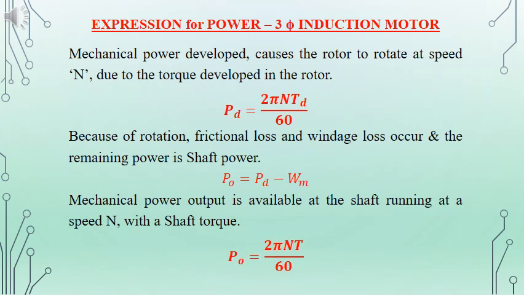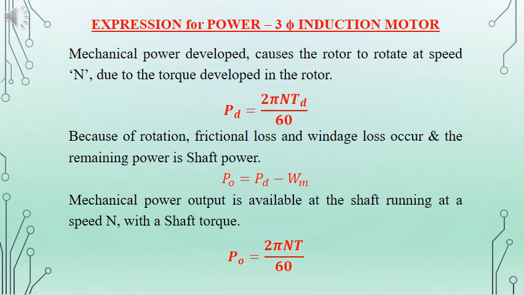Since the rotor is running at a speed n, considering the torque developed TD, the power developed can be written as 2 pi n TD divided by 60. From the power developed, we have to deduct the mechanical losses given as Wm, and we get the power output PO equal to PD minus Wm.